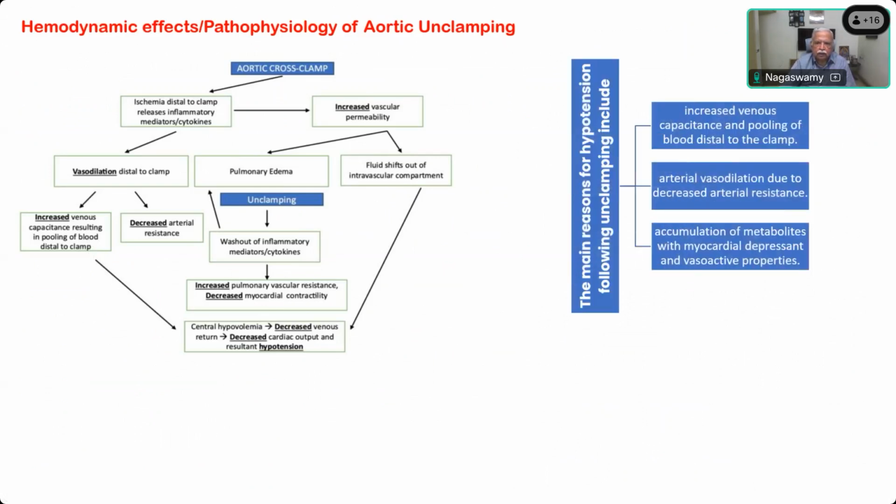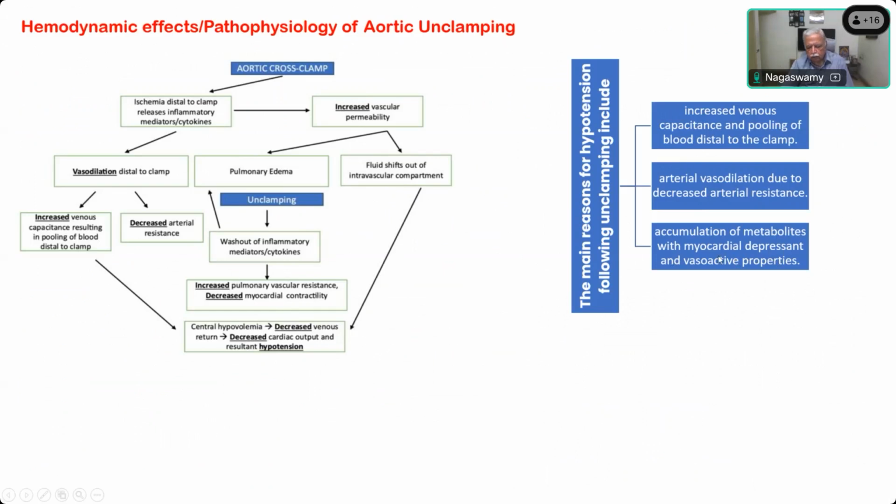So the main reasons for hypotension following unclamping are increased capacity of the vascular bed distal to the clamp, arterial vasodilatation due to decreased arterial resistance, and accumulation of metabolites with myocardial depression and vasoactive properties.